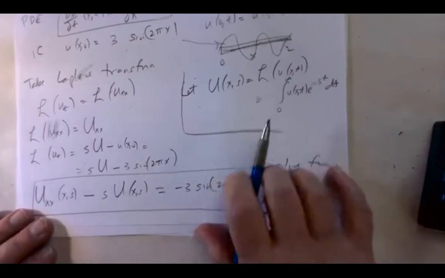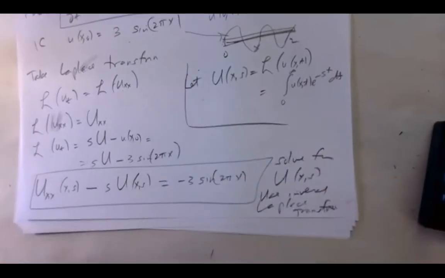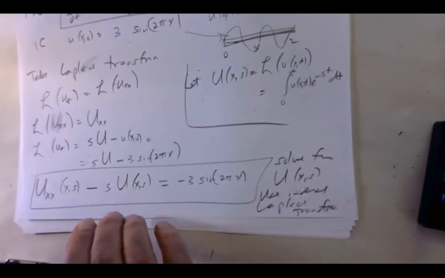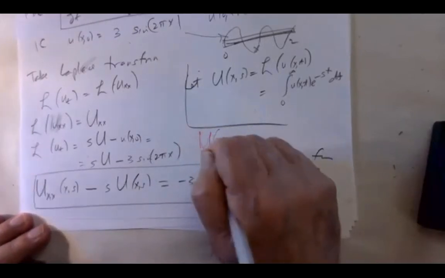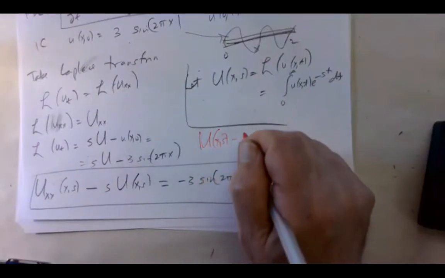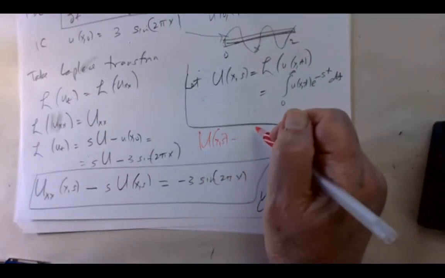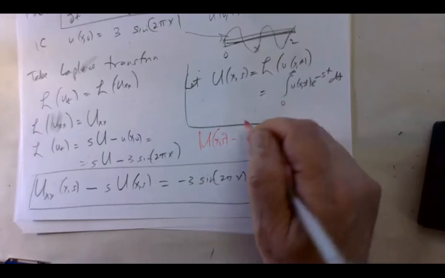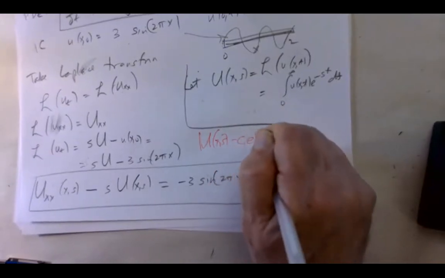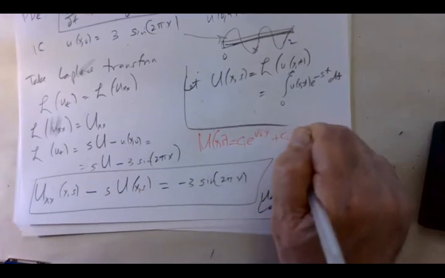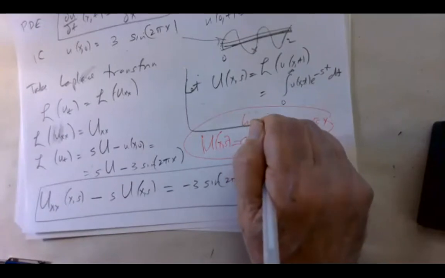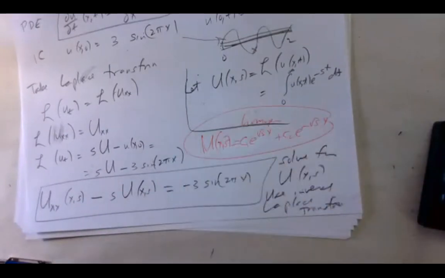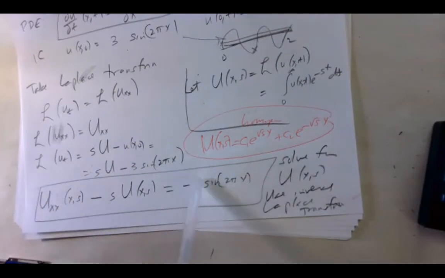So, I mean, we know we're going to get that for the homogeneous equation, U of s, x is going to be some constant e to the square root s x plus another constant e to the minus square root of s x. That's for the homogeneous. And then we use the method of variation of parameters or whatever other technique you like to solve this non-homogeneous equation.